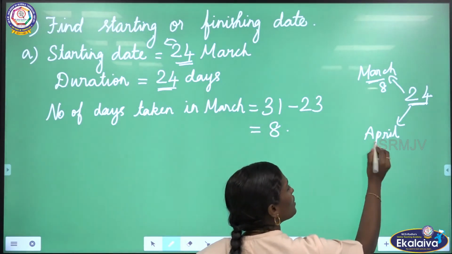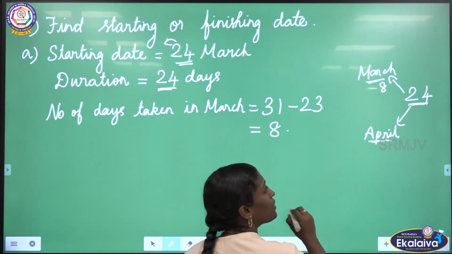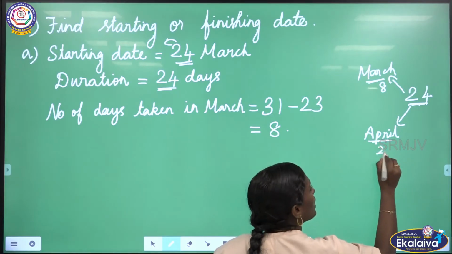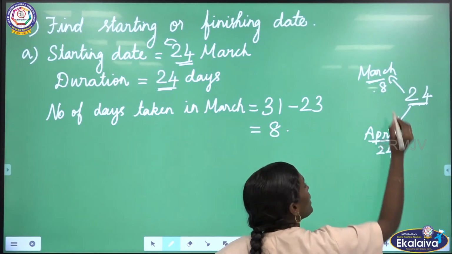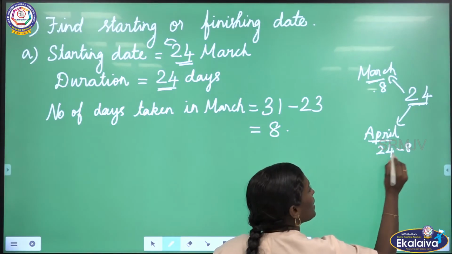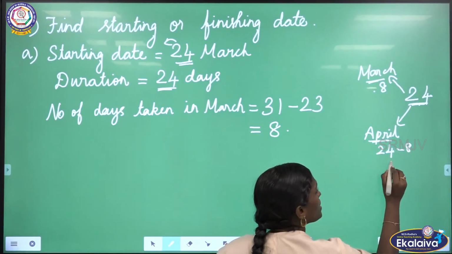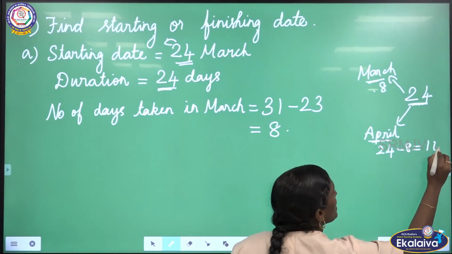Now we have to find out the number of days taken in April. For that, from the duration, we have to subtract the number of days in March. Okay, so 24 minus 8, we will get 16.